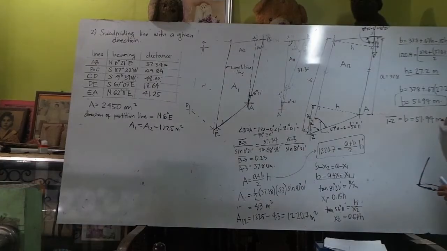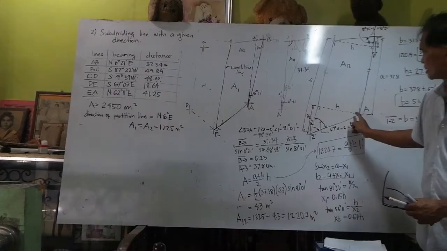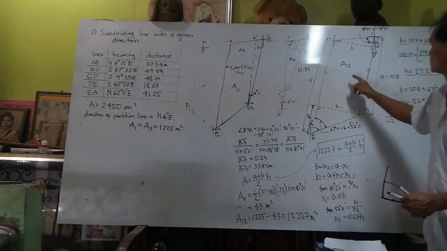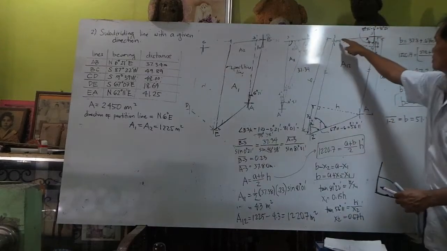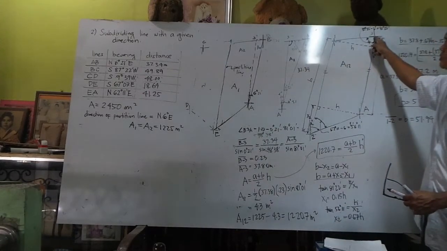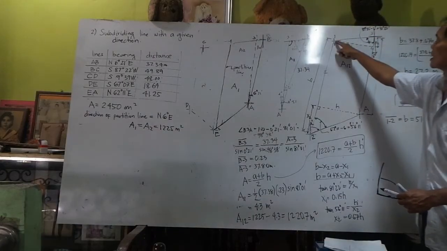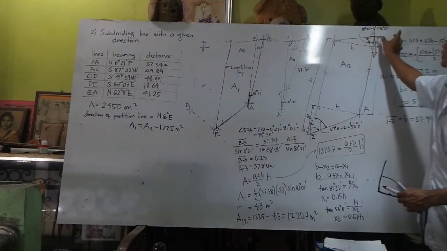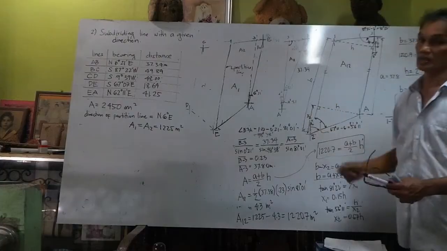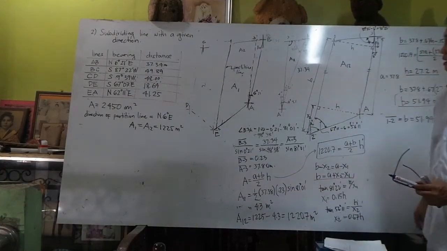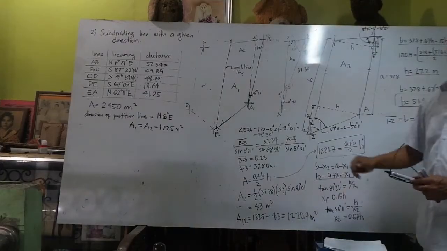That's the length. For the location, if you measure from A or from B, use this triangle and add or subtract the distance to locate point 1 and point 2.